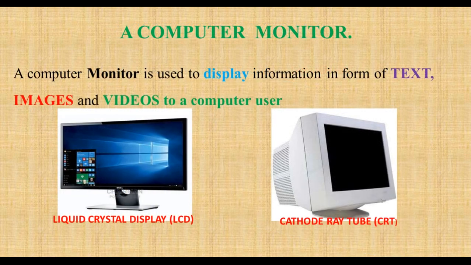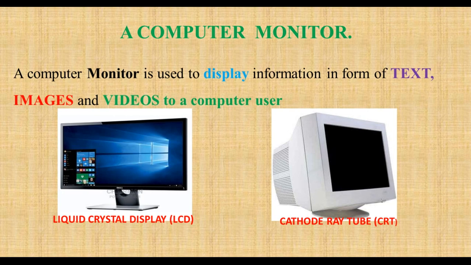Then another part is our computer monitor, and the computer monitor is used to display information in form of text, images and videos to a computer user. So this is the one that you're going to use to monitor whatever you're doing on your computer. We use it in case you are viewing some information.